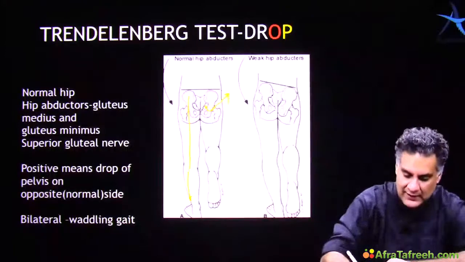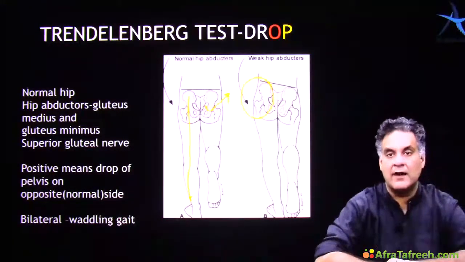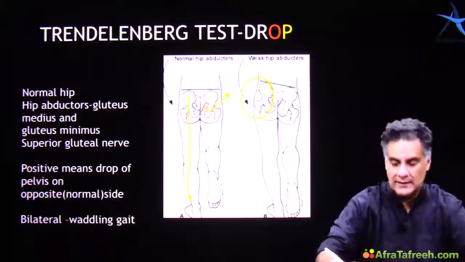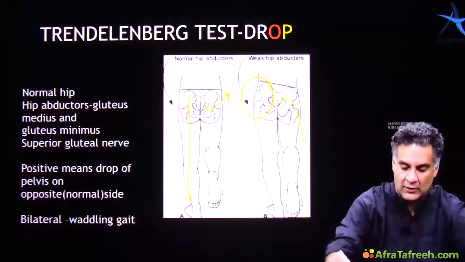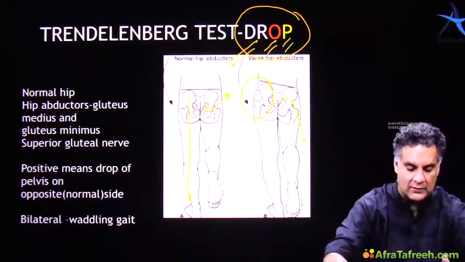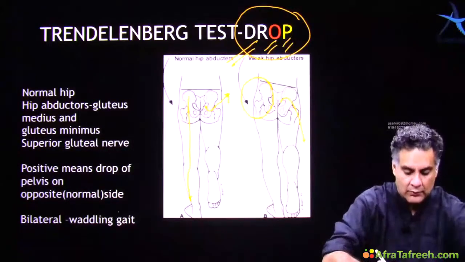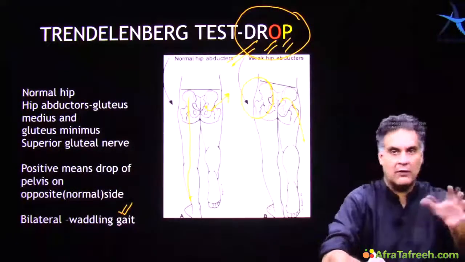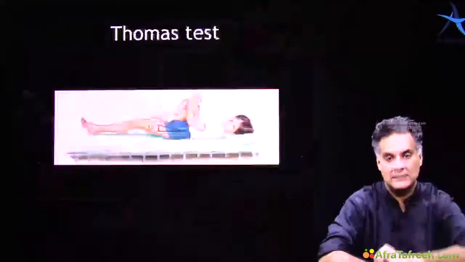But if on the left side the nerve supply, the lever arm, or the muscles are paralyzed or affected, then the opposite side drops. Drop of the opposite side of the pelvis is called a positive test. And when both sides are positive, with bilateral disease, it is called a waddling gait, because the duck waddles, that's how it walks.